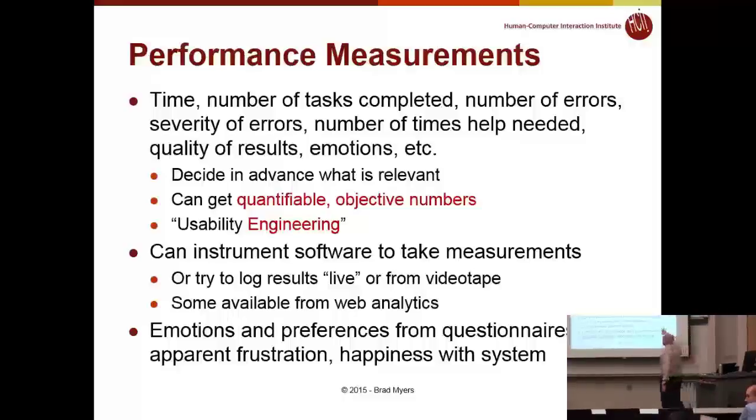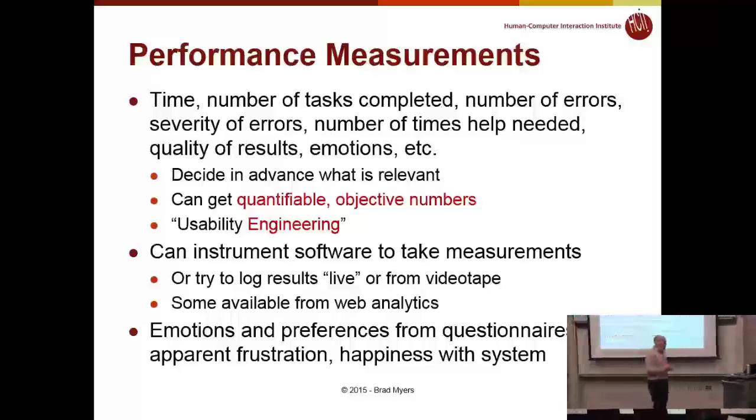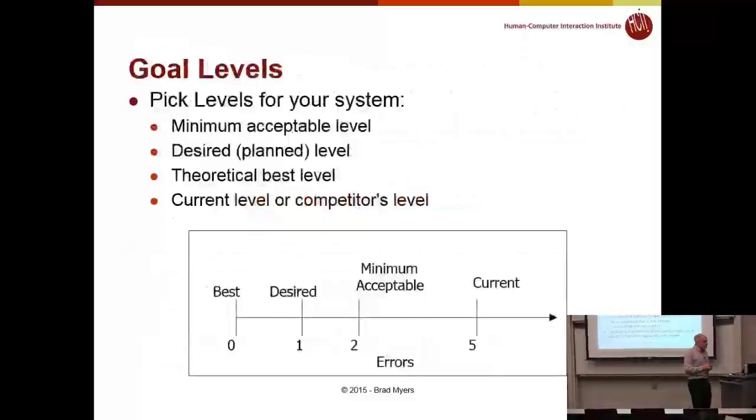It's also really useful to instrument the software. Just like you can have web analytics, you can actually put similar logs into desktop or smartphone products. And so you can either secretly or transparently log what people are doing, keep track of how many errors they have and things like that. Turns out to be really useful.